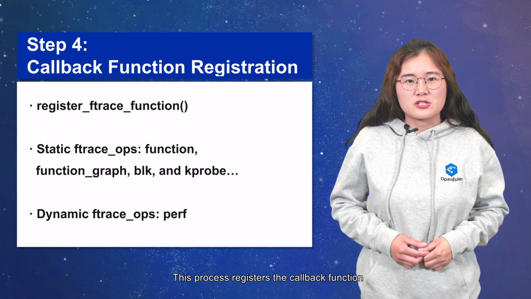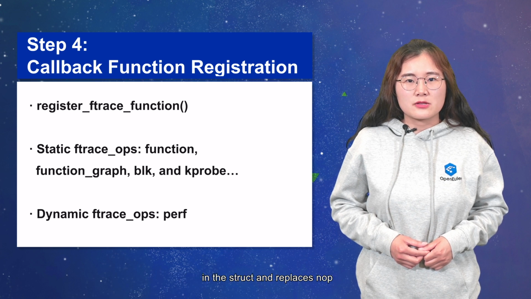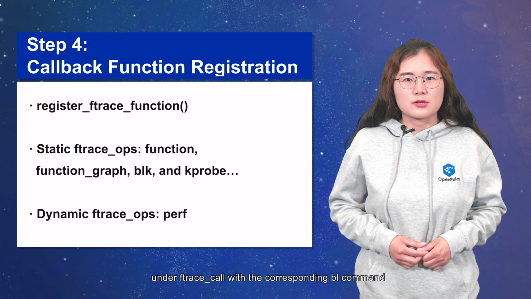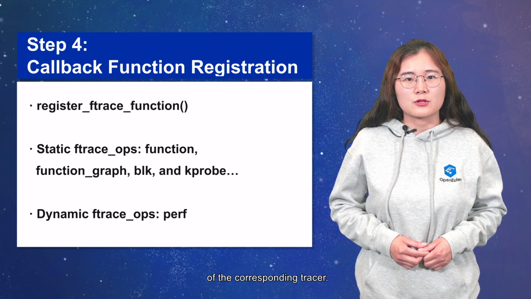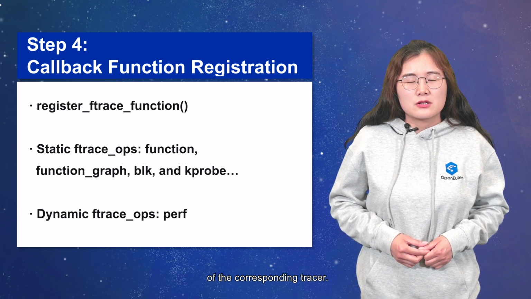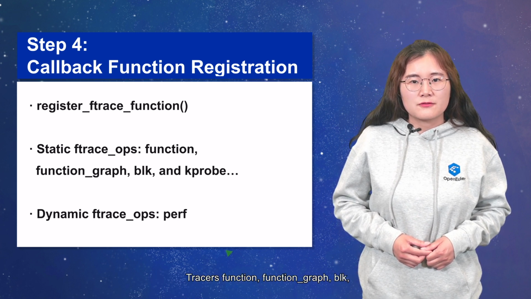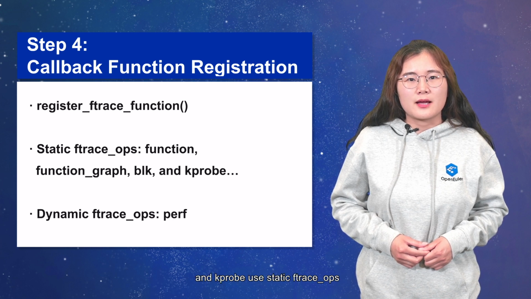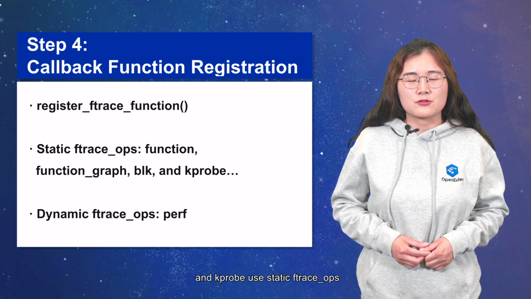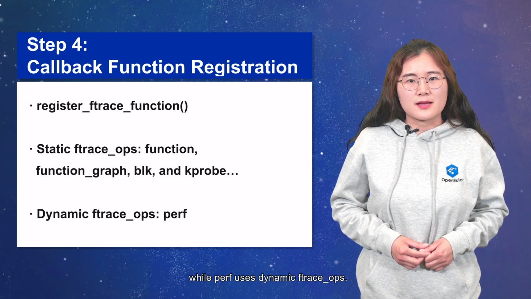This process registers the callback function in a struct and replaces nop under ftrace call with the corresponding bl command of the corresponding tracer. Tracers function, graph, blk, and kprobe use static ftrace OPS, while perf uses dynamic ftrace OPS.